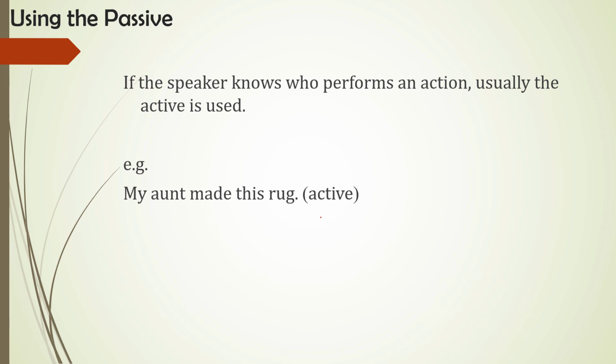If what happens or the event is more important than who performs an action, a passive is preferred. But if the event or what happens is not more important than the doer, and we know already who performs an action, an active is frequently used.